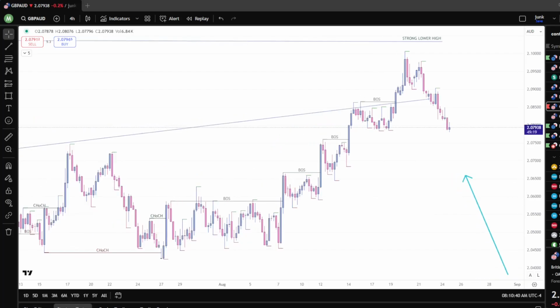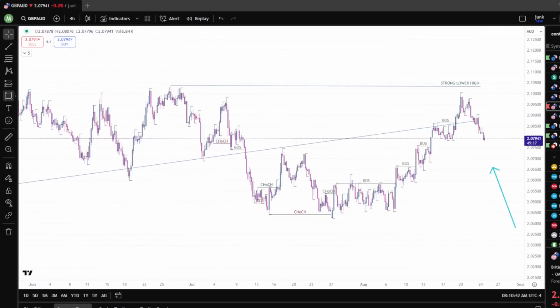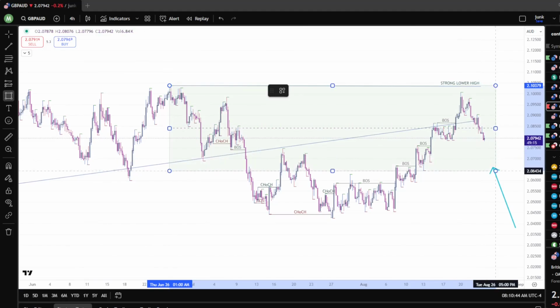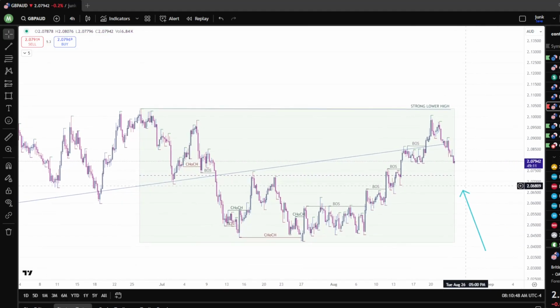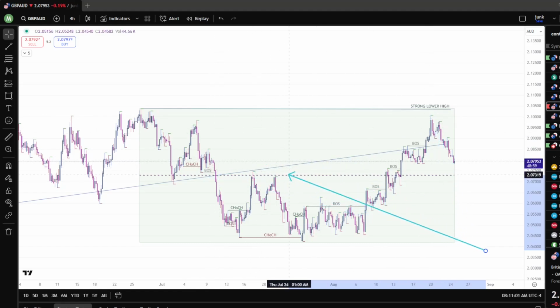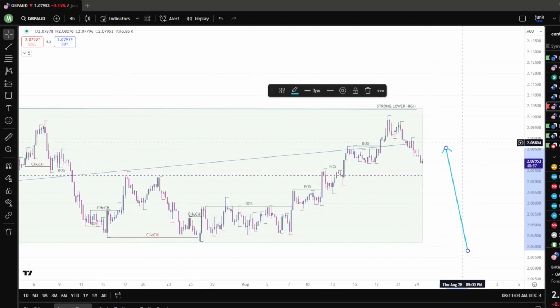GBP AUD. Let's go map out the current range. Been the range we've been dealing with. Of course, swing structure overall bearish, but price consolidated, started pushing to the upside internally, making higher highs, higher lows, higher highs, higher lows. Consolidated here and pushed once again, breaking past this trend line that we've been eyeing.